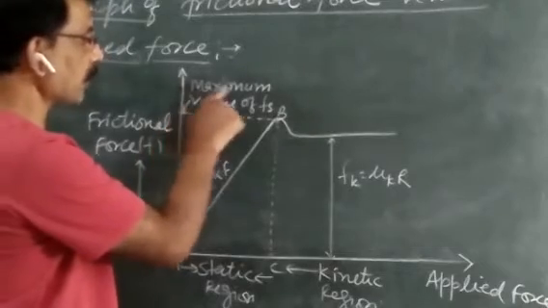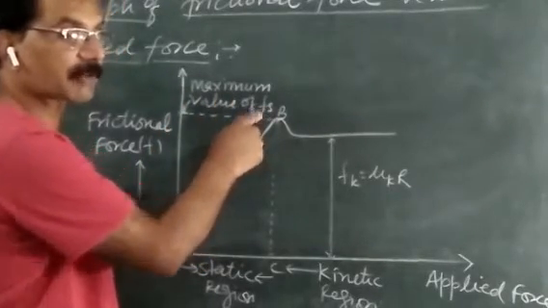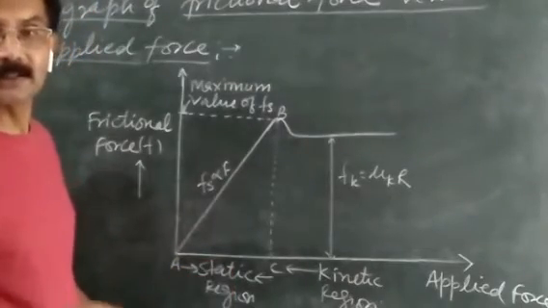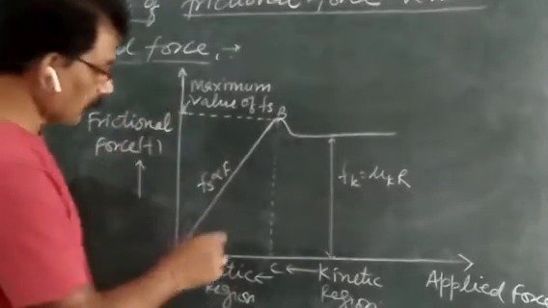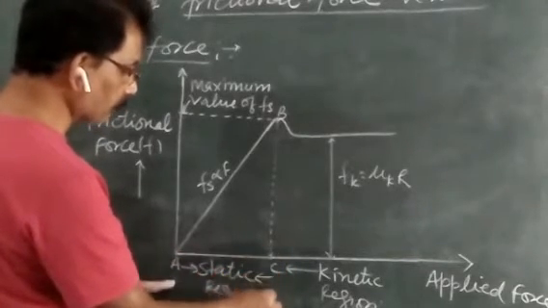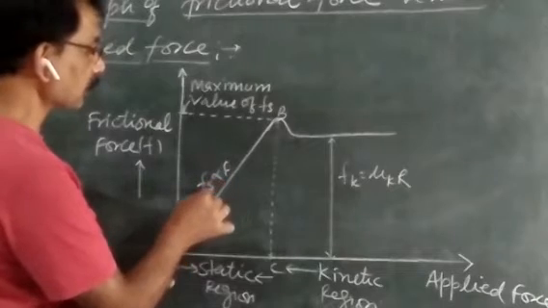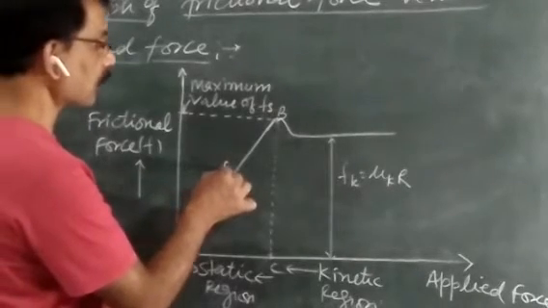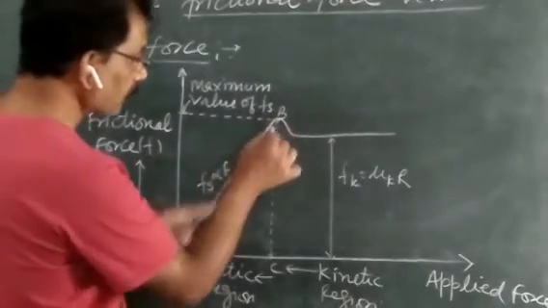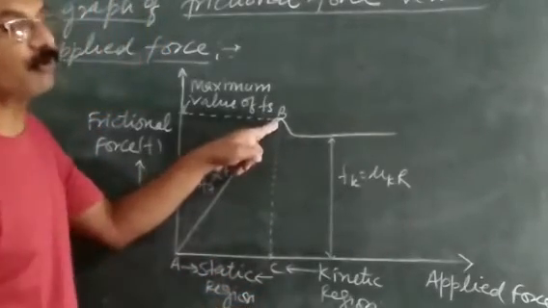This is called the maximum value of Fs, the maximum value of the static frictional force, which is called limiting friction. So from A to C, this region is called what region? A static region. In this region, the frictional force is directly proportional to the applied force. Here at the point B, the body just starts to move.